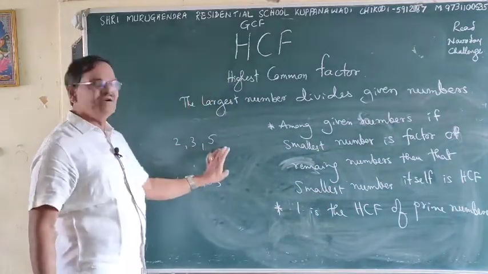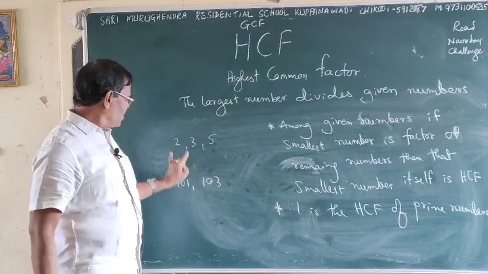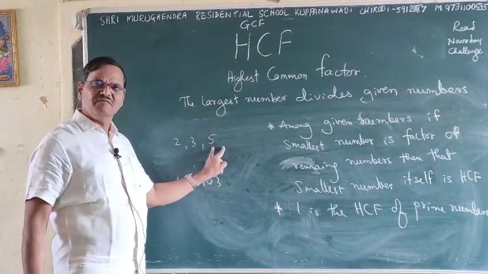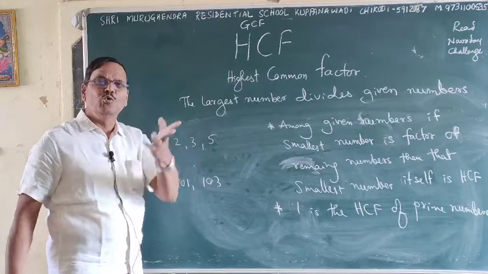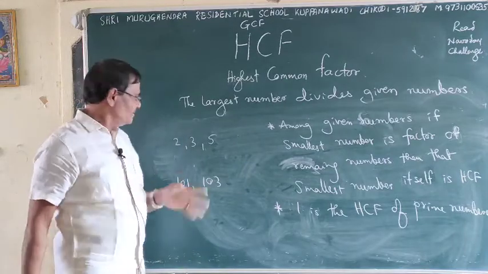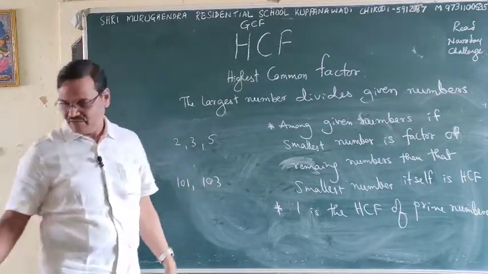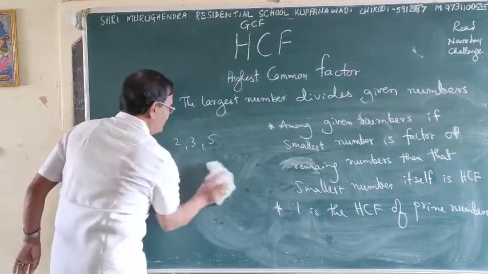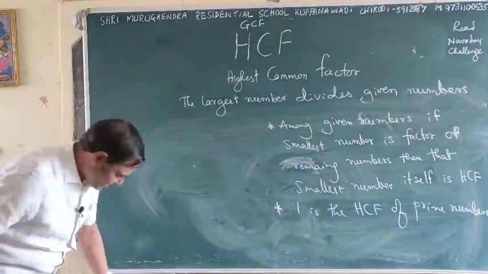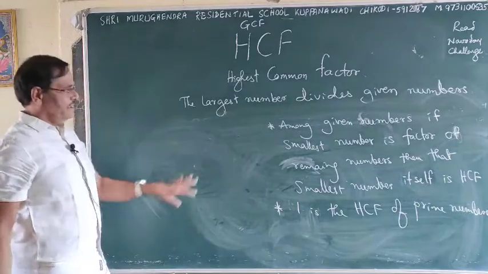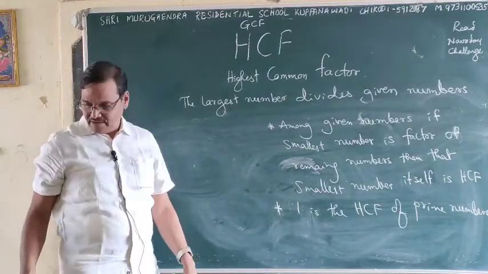See, these are all divisible by 1 only, because their factors are different, isn't it? Only two factors they have. So 1 will be the HCF of prime numbers. See, these two rules you have to find.